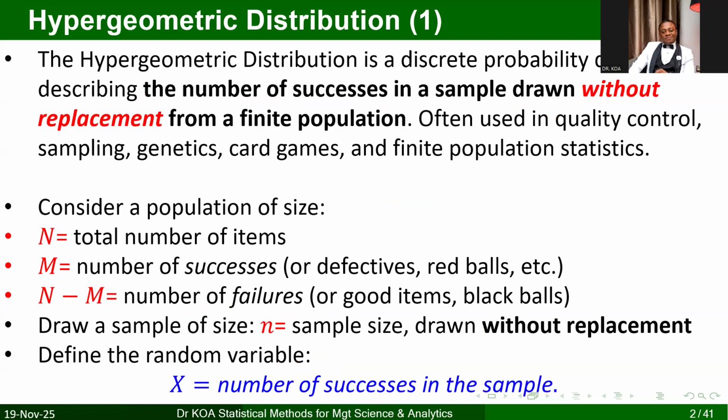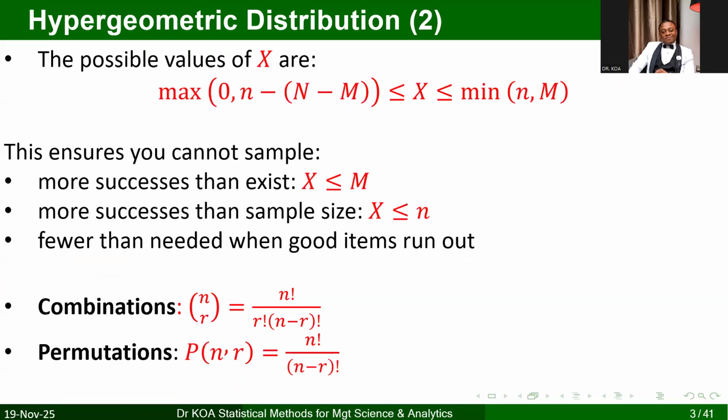So if what you are looking for is male, the number of successes will become the male. But you are sampling no more than the number of successes that exist, and also no more than the sample size. So your random variable cannot be more than the sample size, and it cannot be fewer than needed when good items also run out.